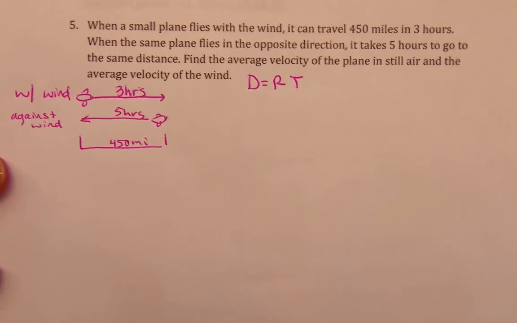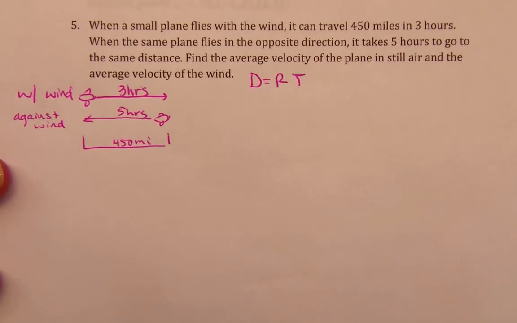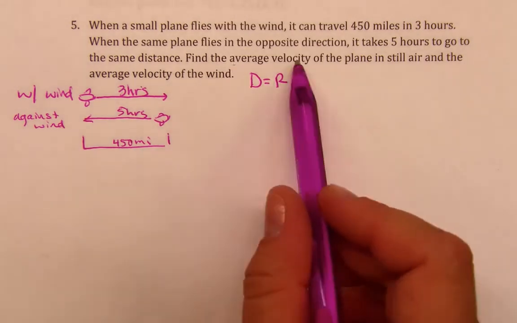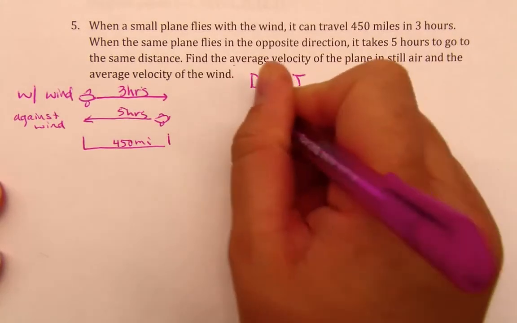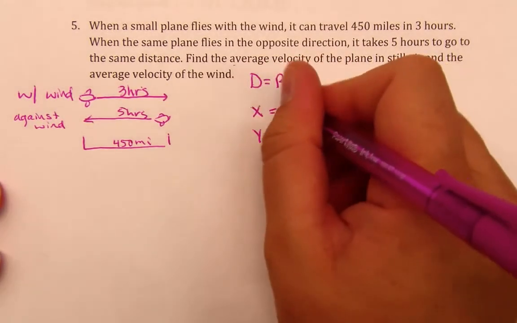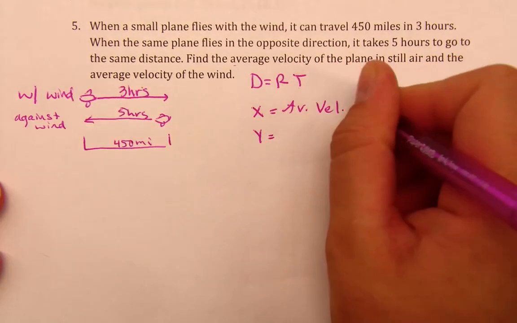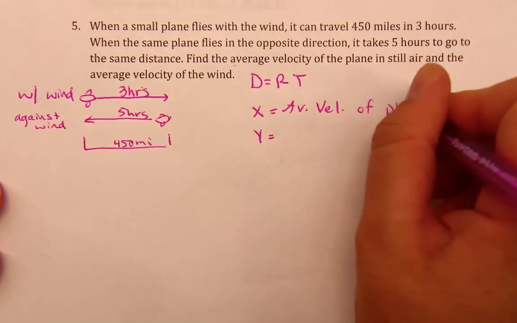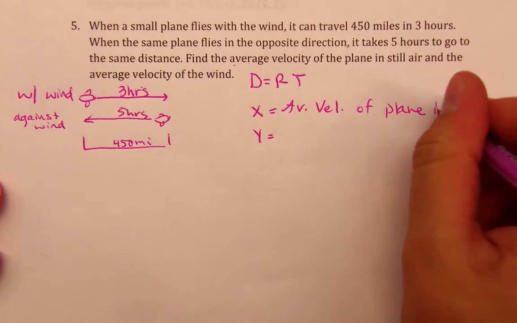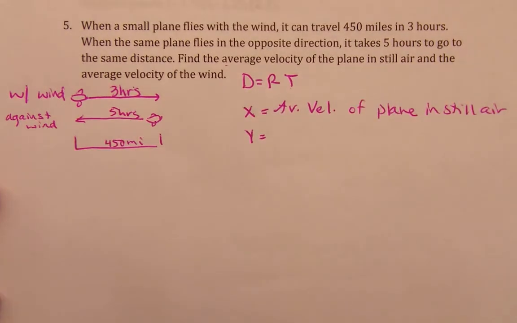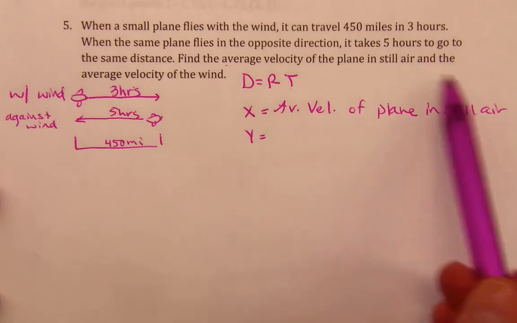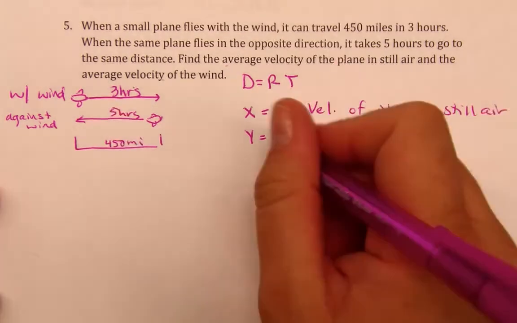So we can use this information here to draw a table and to figure out what it's asking for. Now, it's asking for the average velocity of the plane, so that's what our variables are going to be. x is going to be the average velocity of the plane in still air, meaning no wind, and then it's also asking for the average velocity of the wind.